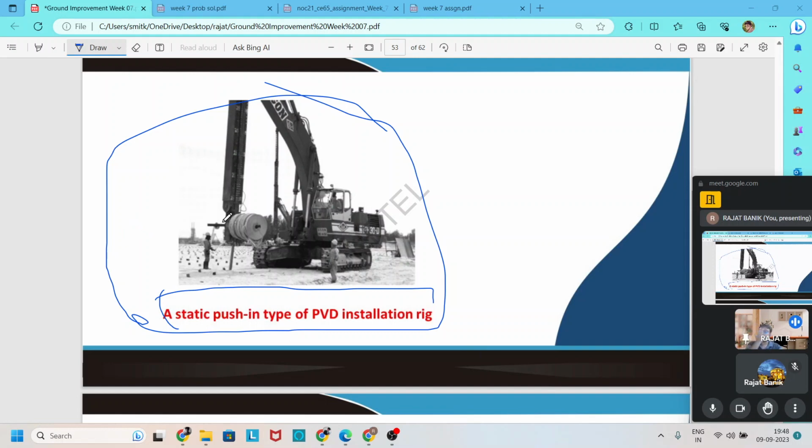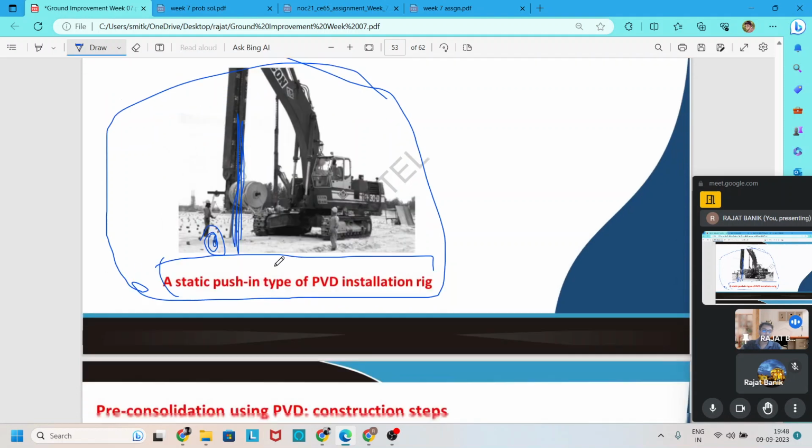You can see that one rod-like structure is installed or driven into the ground like that, and here some opening is given to drain out the water. Like that way, we install the PVD vertically into the ground.